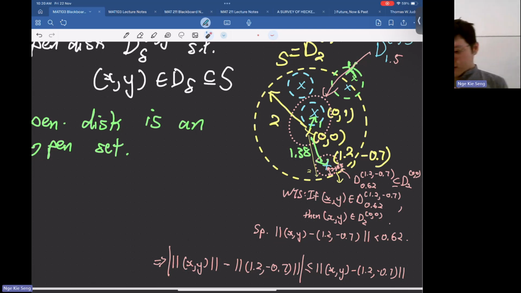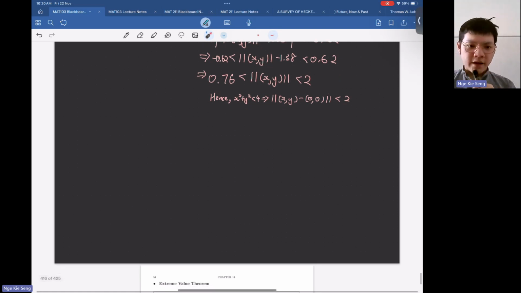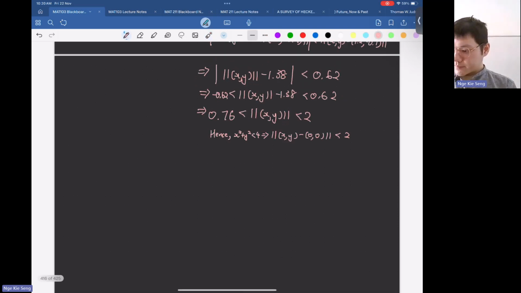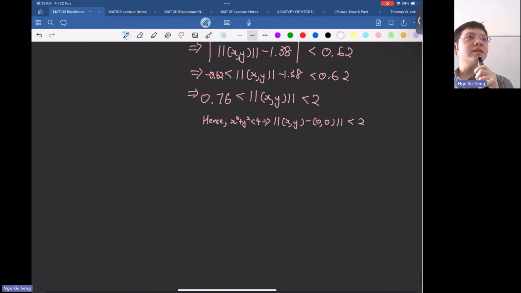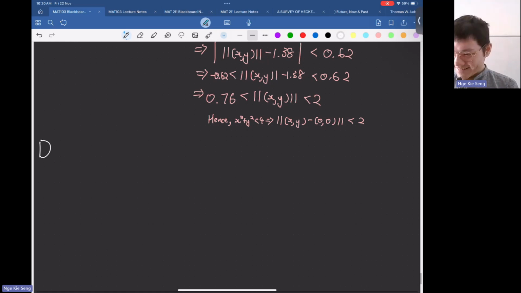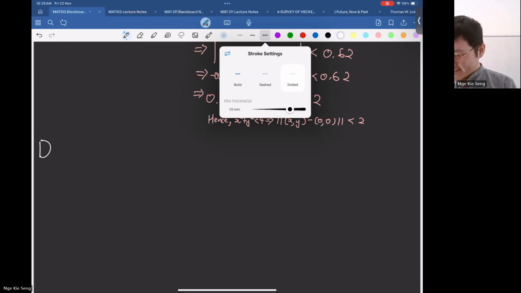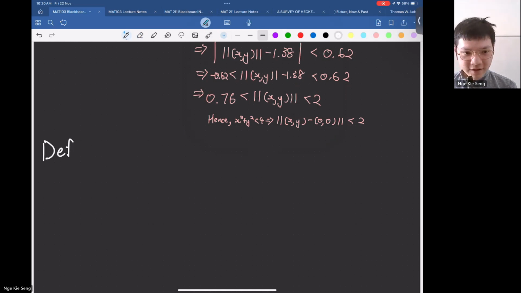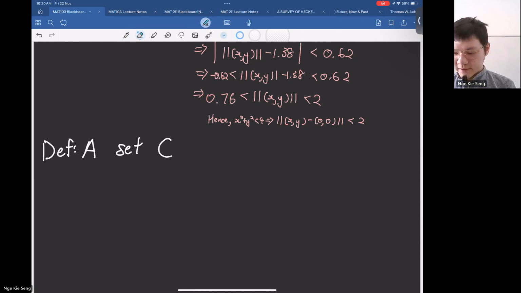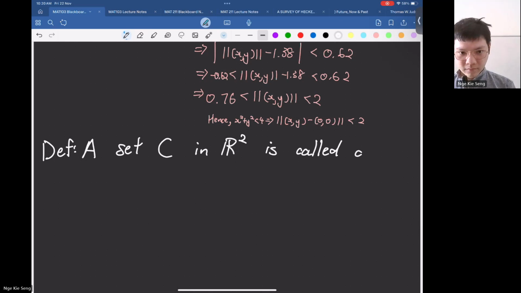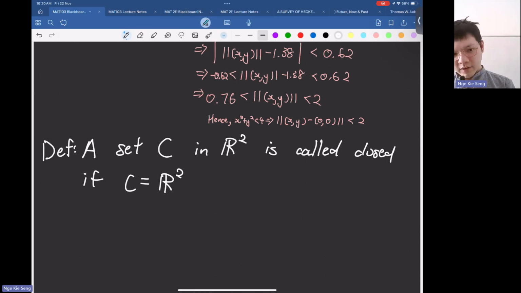Okay, let's continue. So we'll define a set C to be closed if C is a complement of an open set.